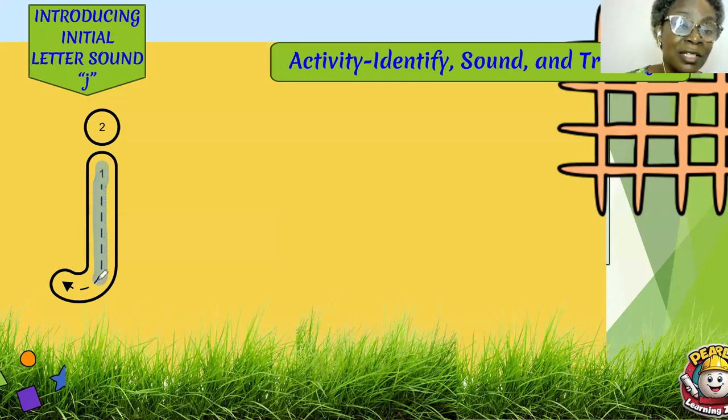Follow the dotted lines, don't stop, and flick. Then go back and put your dots. Let's do it again. We begin from number 1 up here, join the dotted lines straight down, and a little flick to the left. Come back and put your dot.